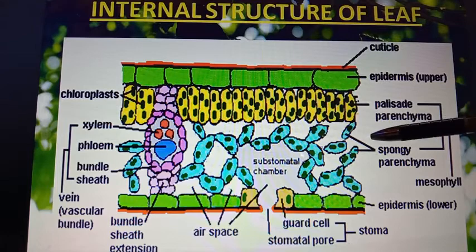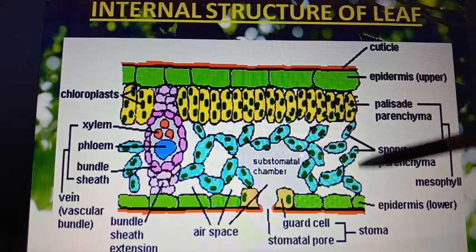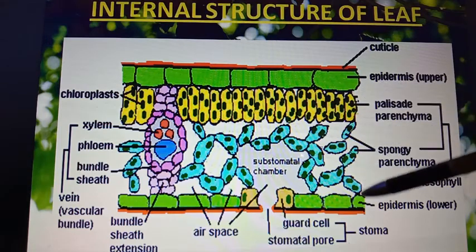Down the epidermis you can see the mesophyll layer. Mesophyll layers are present down the upper epidermis and are made up of mesophyll cells.